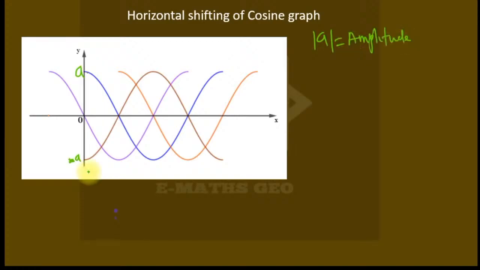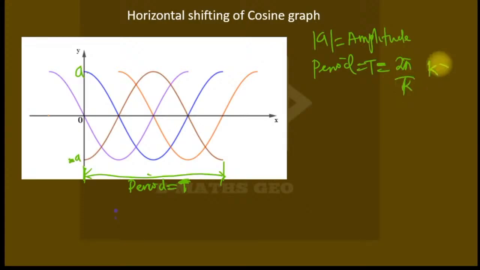The distance from here to where the graph ends is called the period. We normally denote it with T. The period T is always 2 pi over K, where K must be greater than 0, a positive number.